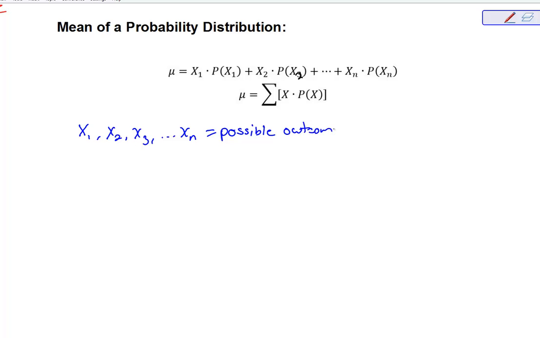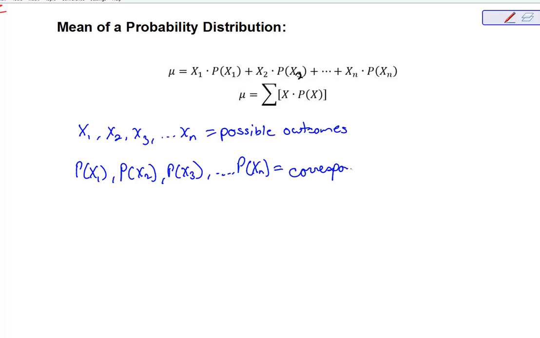Think about rolling the die and what our possible outcomes are there. We have 1, 2, 3, 4, 5, and 6. So those would be like our x1, x2, x3, and so forth. The probability of x sub 1, probability of x sub 2, probability of x sub 3, all the way up through the probability of x sub n. Those are the corresponding probabilities.